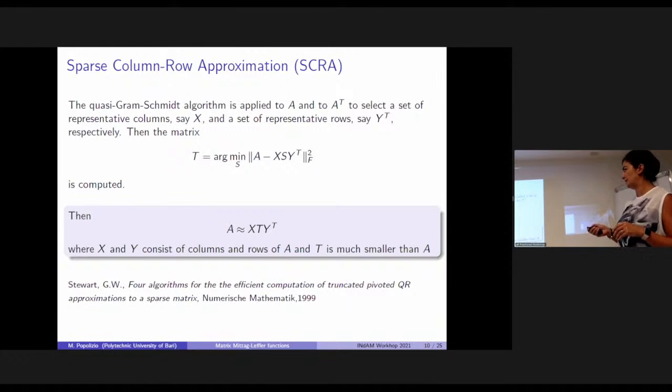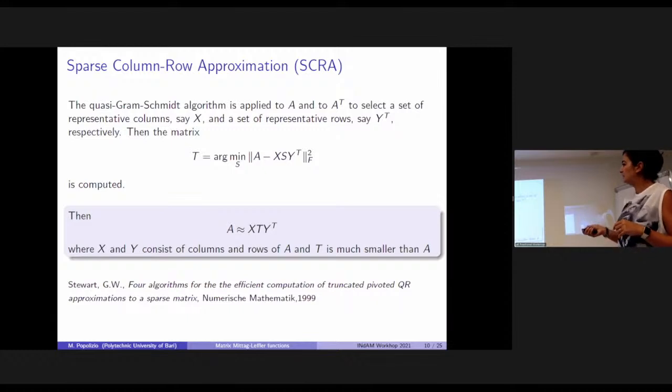When we apply it to A, we get a set of representative columns, while applied to A transpose, we get a set of representative rows. Then we solve this minimization problem in order to find the matrix T, which minimizes this error in the Frobenius norm.